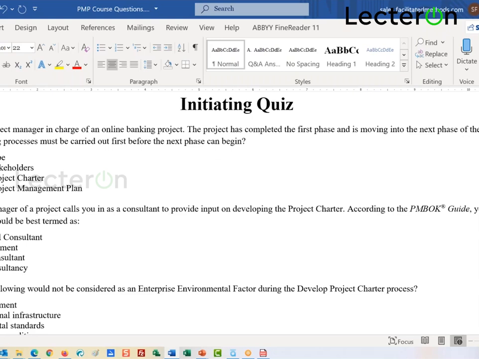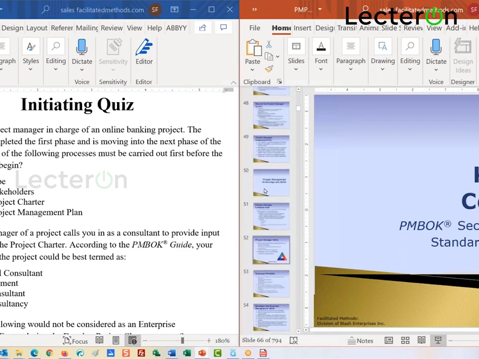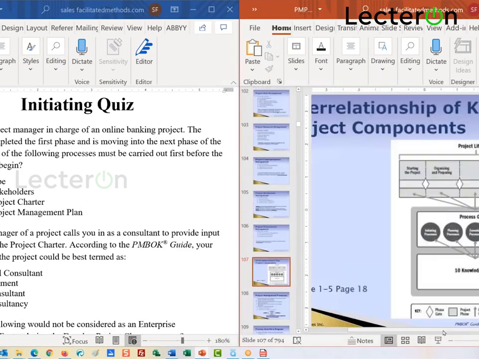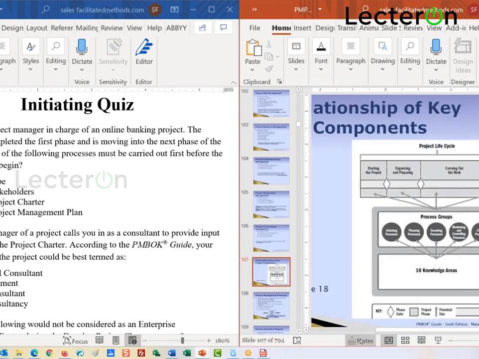Which process must be carried out first before the next phase can begin? Which one do you do as soon as you start the next phase? See if I can go back and find that chart. This is the chart I'm looking at. So far, C is not right and neither is D.